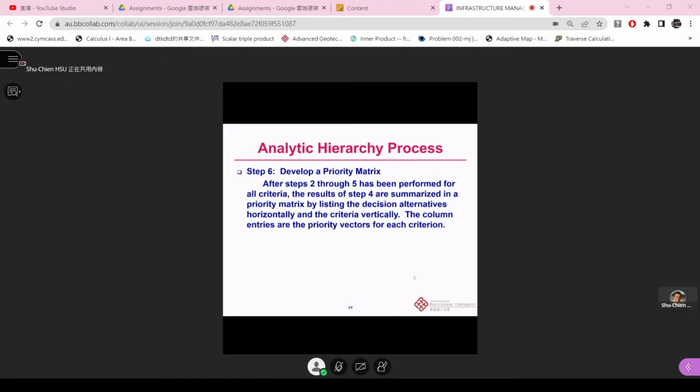And then in step 6, we can develop the priority matrix. After steps 2 through 5 have been performed for all criteria, the results of step 4 are summarized in the priority matrix by listing the decision alternatives horizontally and the criteria vertically, and the column entries are the priority vector for each criterion.